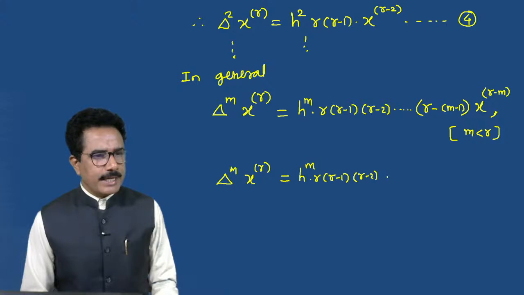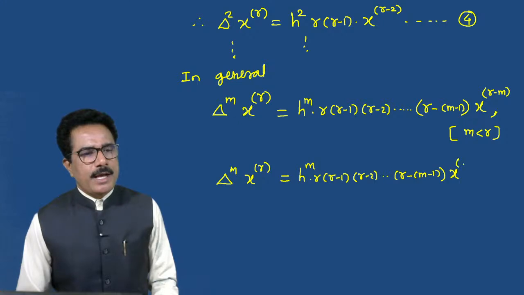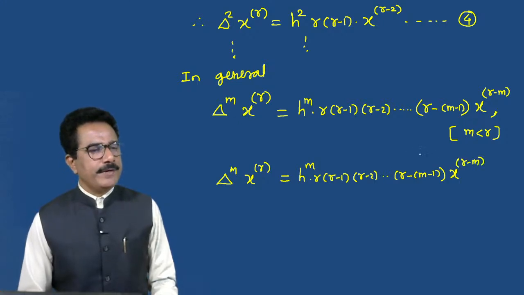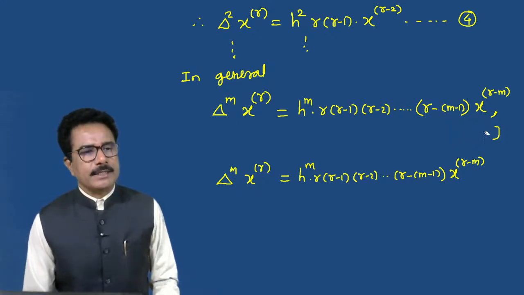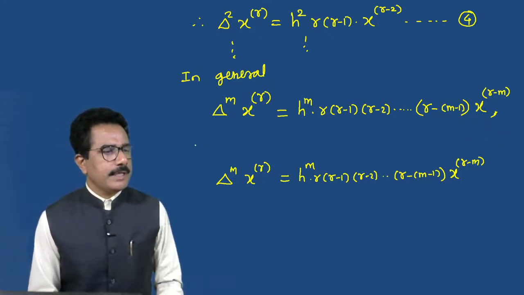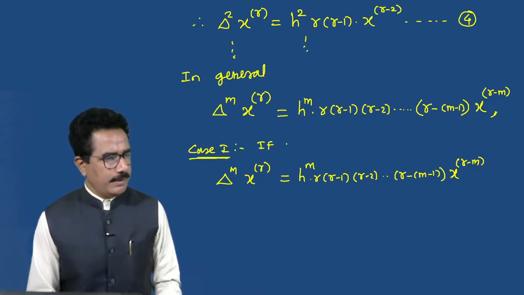So we can write dot dot r minus m minus 1 into x raised to r minus m. This is the first case, if m is less than r. Here, if you like, we can write case first, if m is less than r.